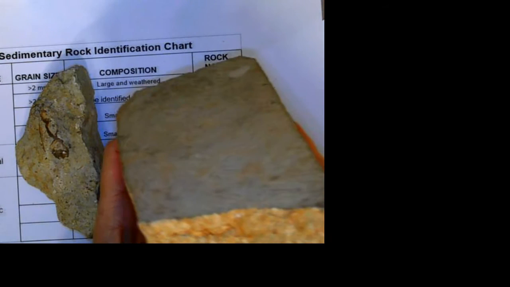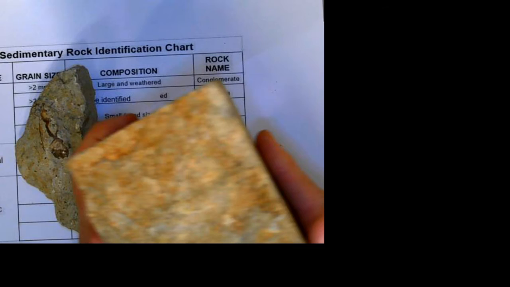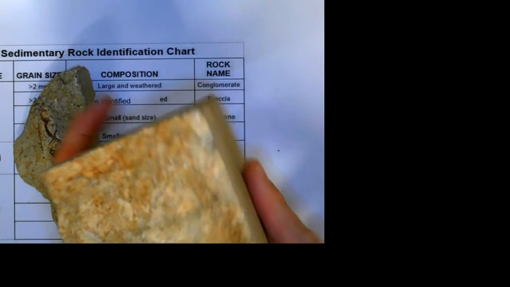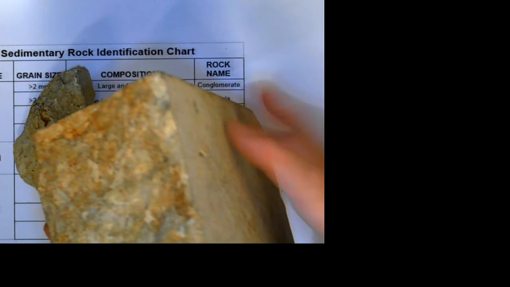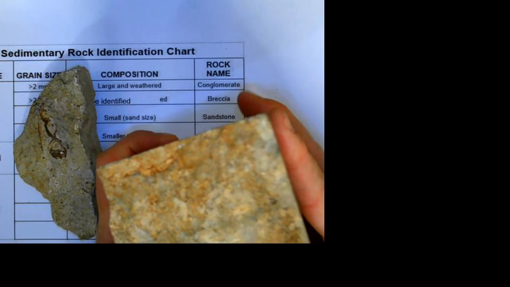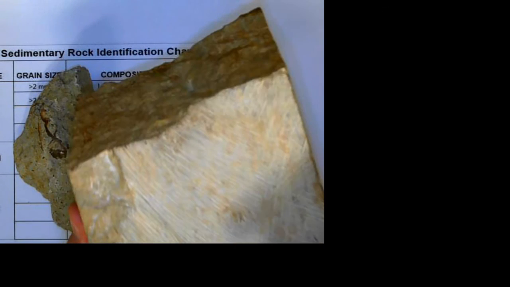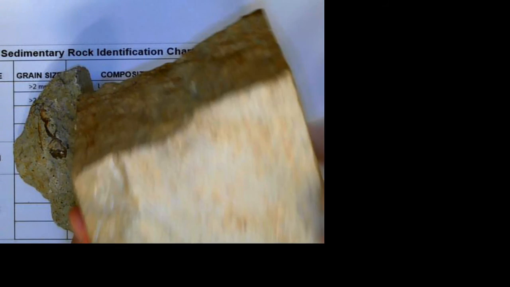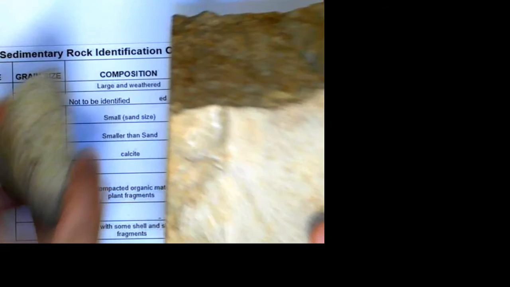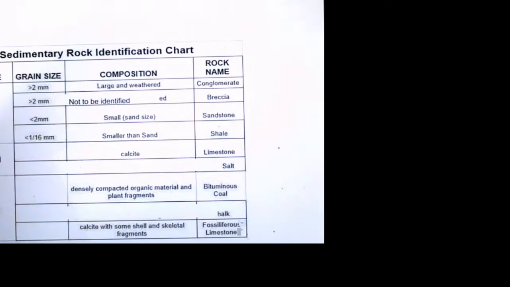Now, once again, limestone is a general term for the precipitation of those things that have a lot of calcium in it. If we were to drip hydrochloric acid on this, it would fizz because of the calcium that's in it.